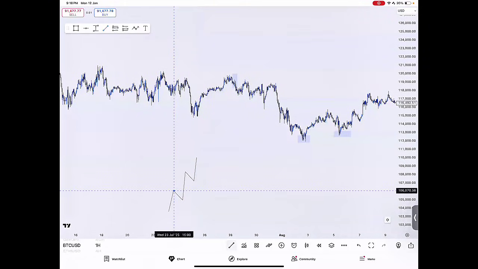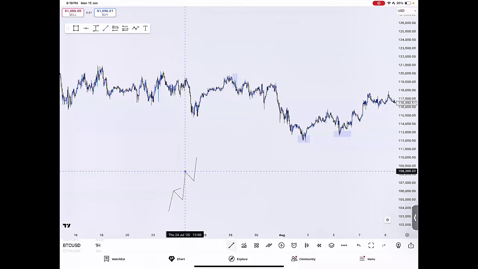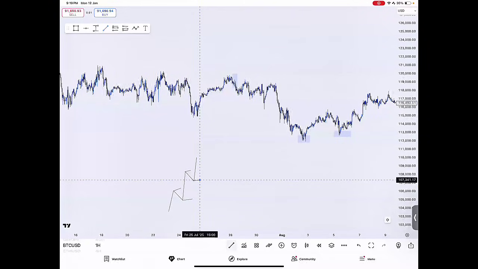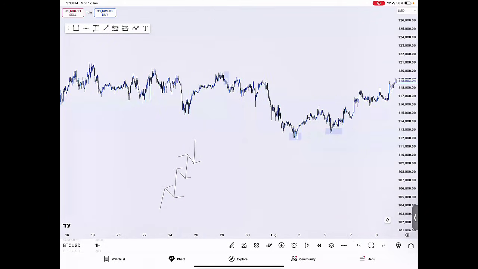Notice how this high and this high are not on the same level. This current one is higher than the previous one. And this low and this low are also not on the same level. Each low is higher than the previous one. The same goes for this high and the next, and the low here will also be higher than the previous one. This is what makes up an uptrend.